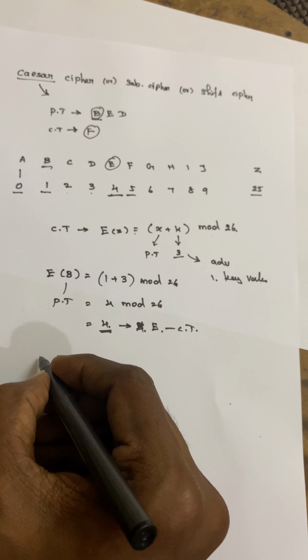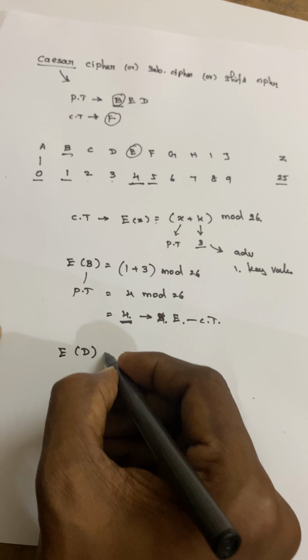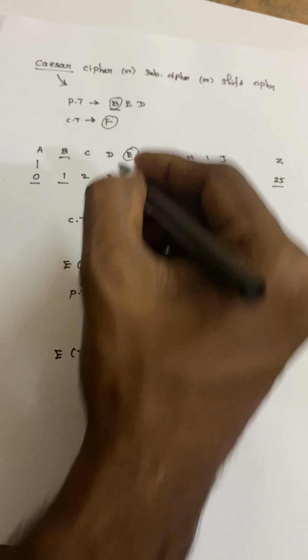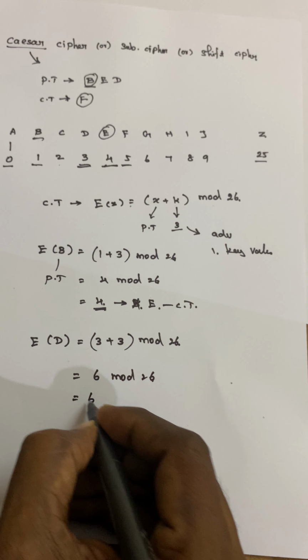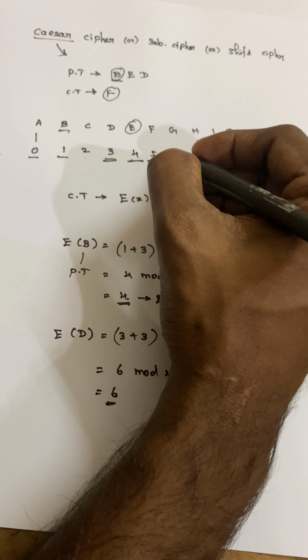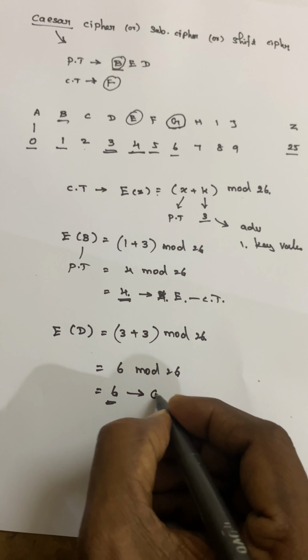The same way, if you perform it for the last letter D: what is the value of D? Here 3 is our value and the key value is 3, mod 26. So totally 6 mod 26. The answer should be 6. What is the letter for 6? It is G. So our ciphertext value will be G, and our plain text value is D.